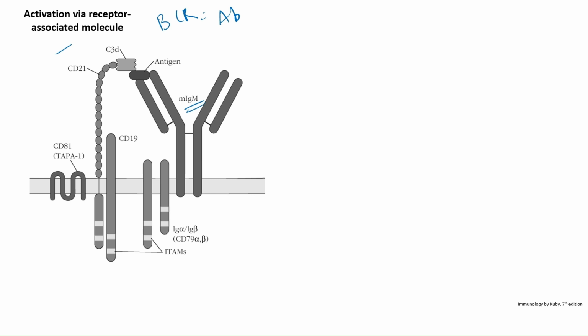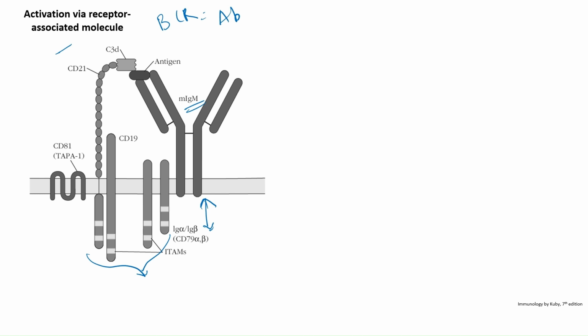So now you can see here the BCR does not have the cytoplasmic domain. So definitely for the signal transduction pathway, it will need the association of other receptor parts that will together form an activated receptor for the signaling molecule, because the IgM, the antibody itself, does not have the cytoplasmic domain.